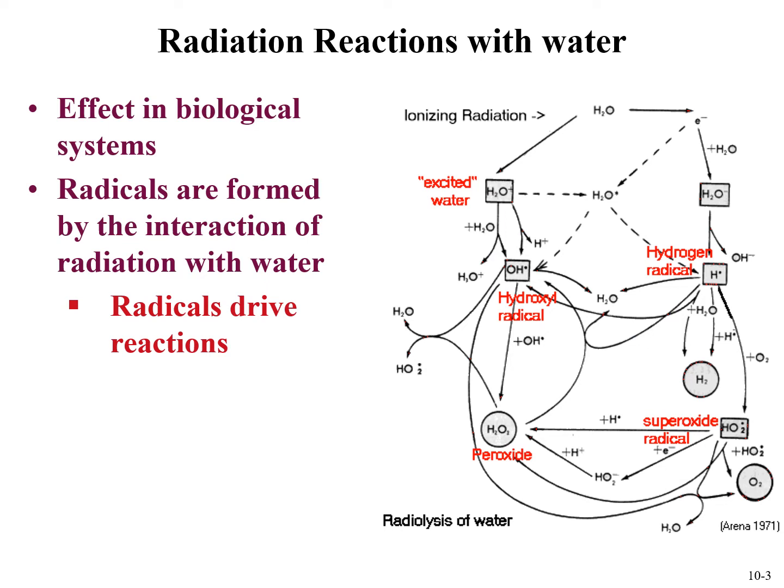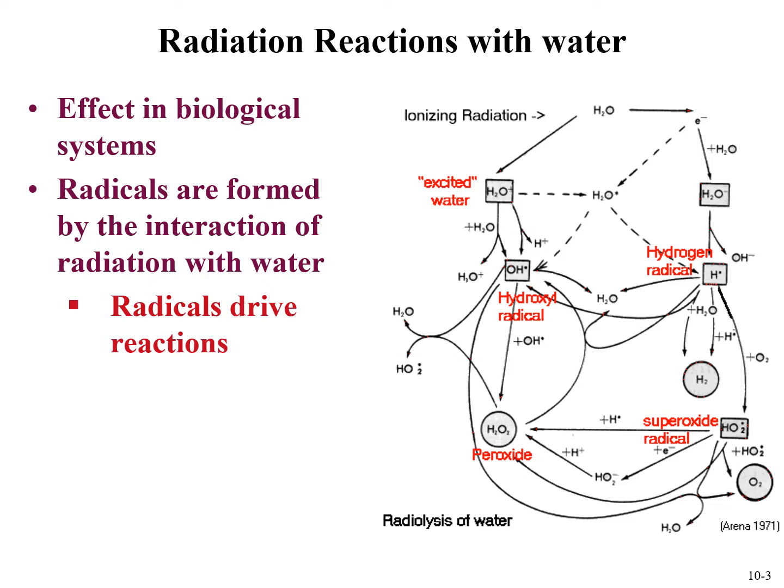In a biological system, one can model interactions of radiation with matter through the ionizing effect of particles on water. Fundamentally, in a biological system, water is the most prevalent molecule. Ionizing particles will come in.